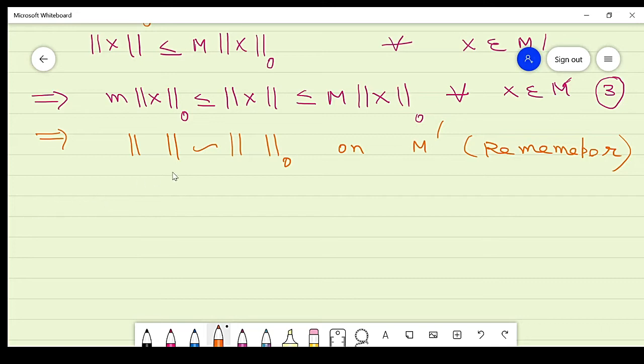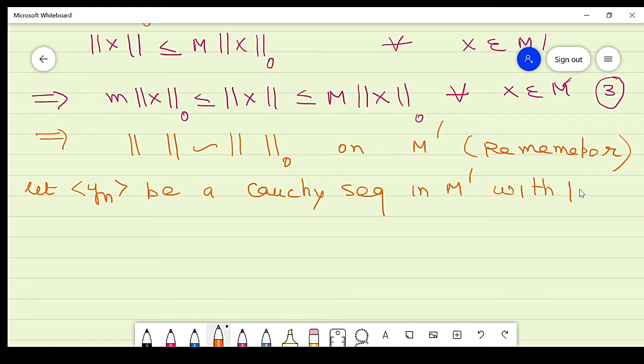Now these are equivalent. Suppose Yn is a Cauchy sequence in M dash with this norm, right? Because these norms are equivalent, it means this is again a Cauchy sequence in M dash with the 0th norm, right?